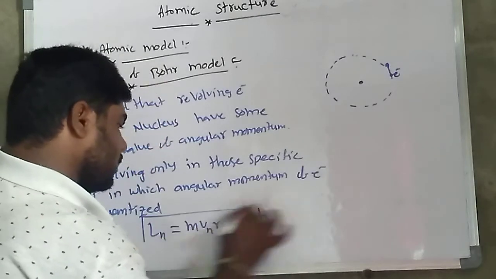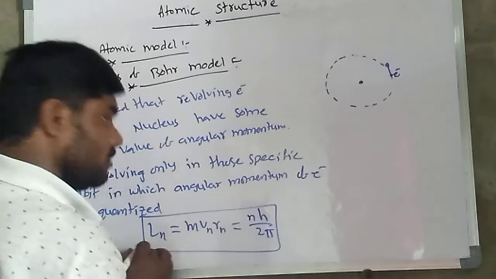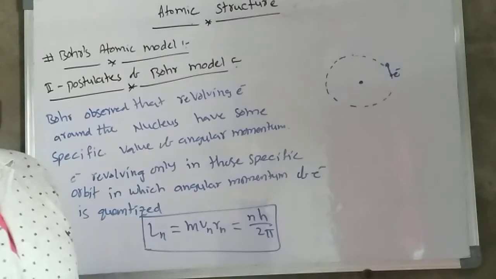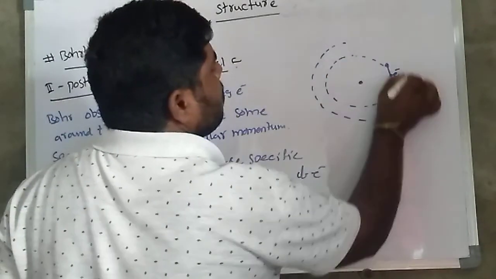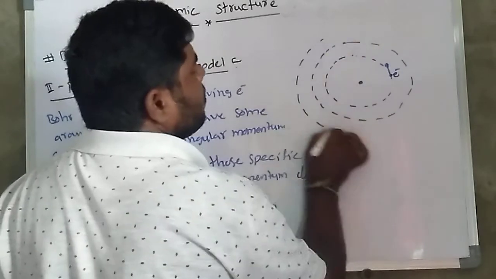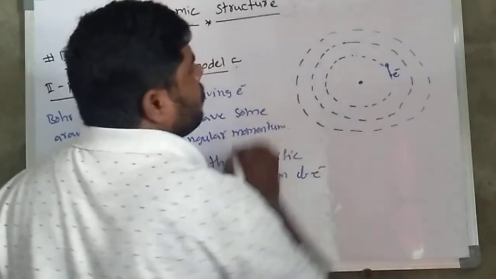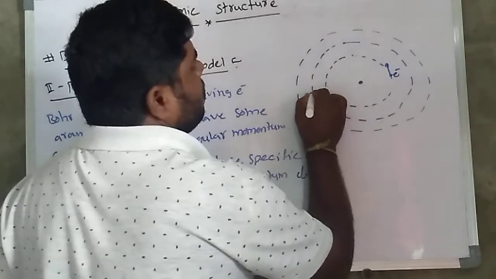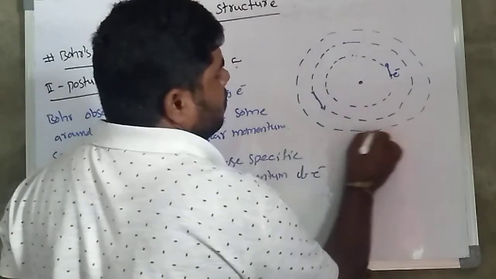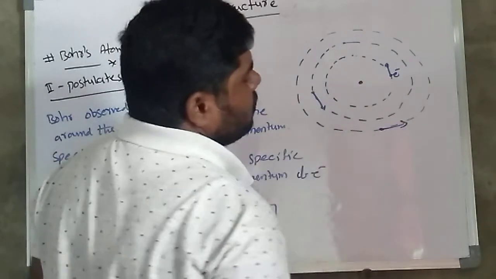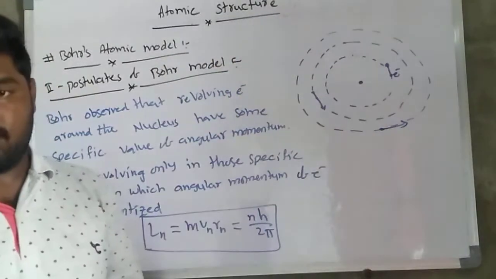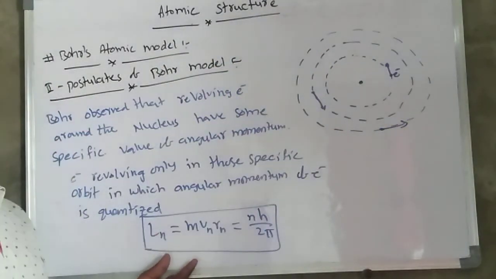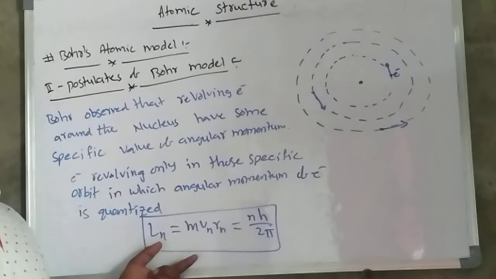Here n is the orbit number: the second layer, the third one, and so on, with the electron moving in this direction in the nth orbit. So the angular momentum of the electron is quantized.